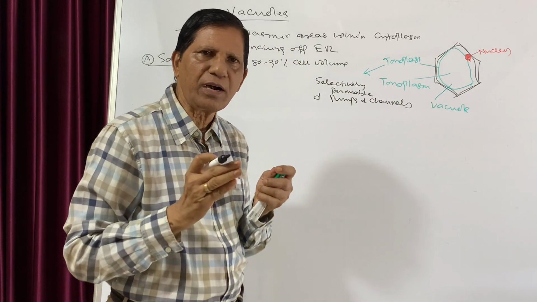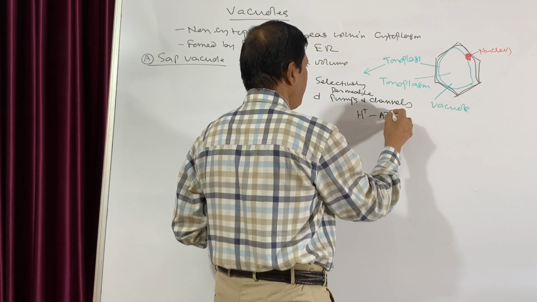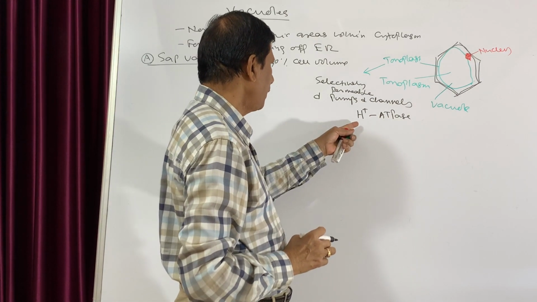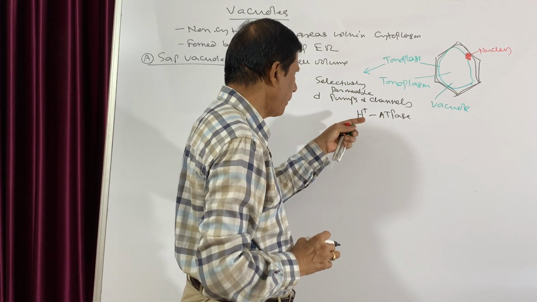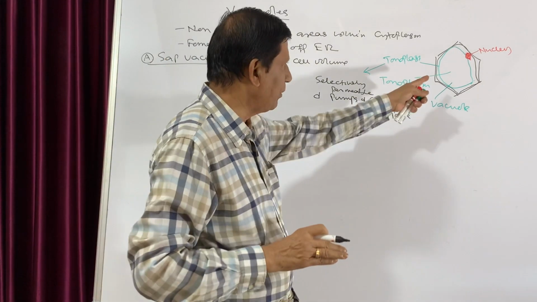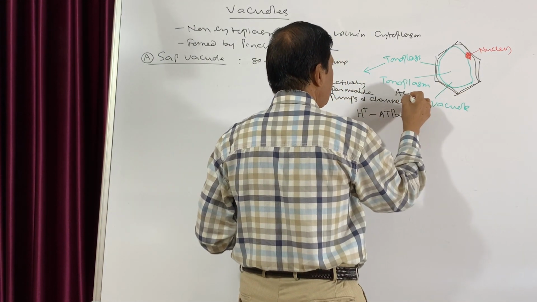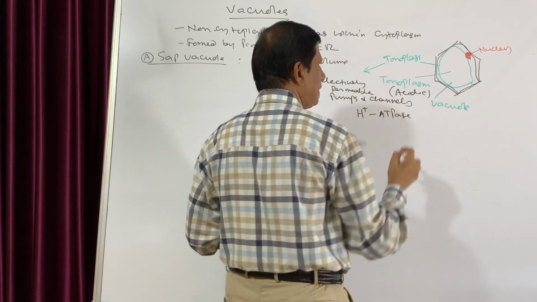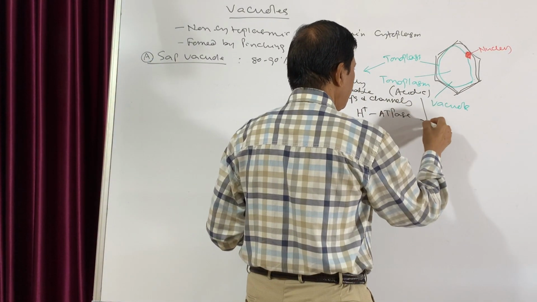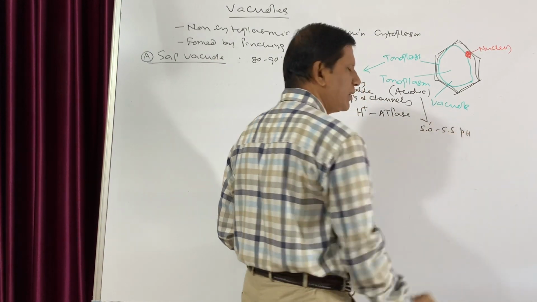The most important pump is the proton ATPase. When this pump operates, it pushes protons into the vacuole, so the tonoplasm is always acidic, with a pH usually ranging from 5 to 5.5.